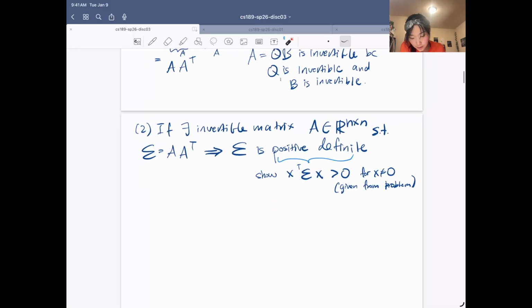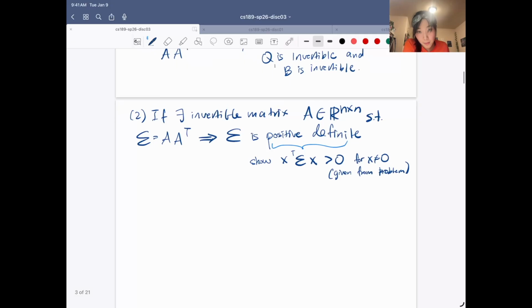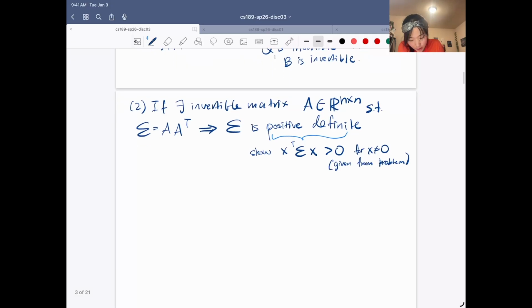And so let's do exactly that. Okay, and so we have x transpose this matrix times x, and we can replace this matrix with A A transpose, and so that gives us x transpose A A transpose x.